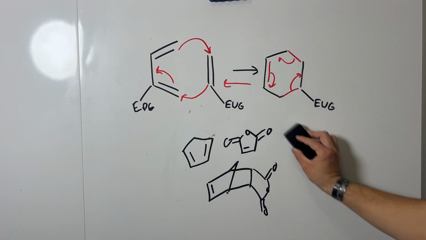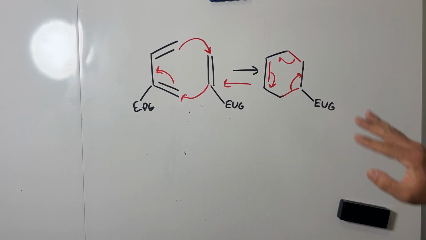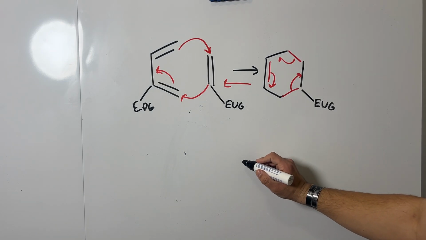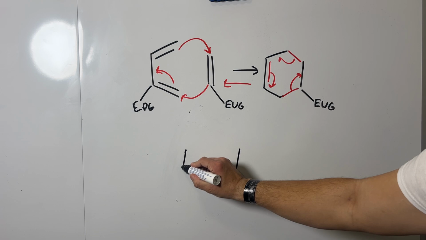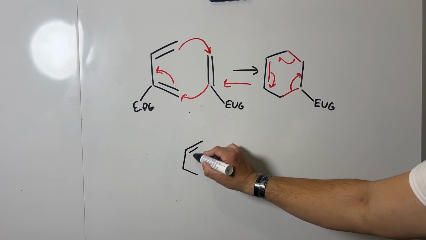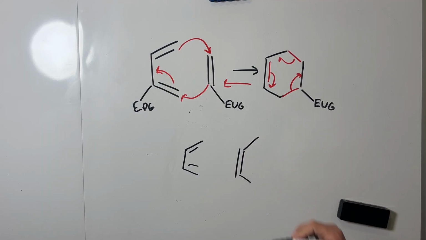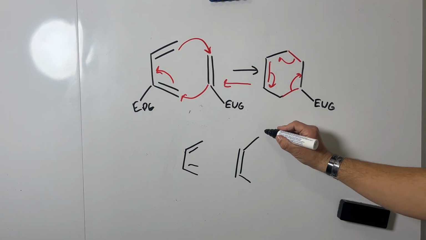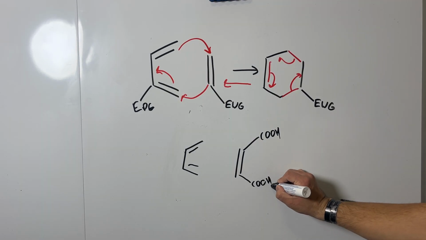Now, there's a couple other things to note with your Diels-Alder. Remember, you have your orbital overlap, but with your dienophile, say we have this cis-butadiene, and for a dienophile, we're going to have this ethylene with carboxylic acid on each end.